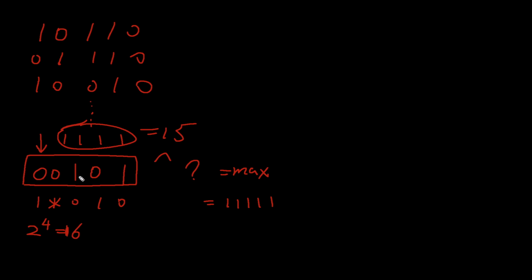How about the third one? What we're looking for is a 0. Do we have 0? Yes, we have 0 here, right? Since we have this one, we can have 2 to the power of 2. If we keep going, the next one we're looking for is 1. Do we have 1 here?